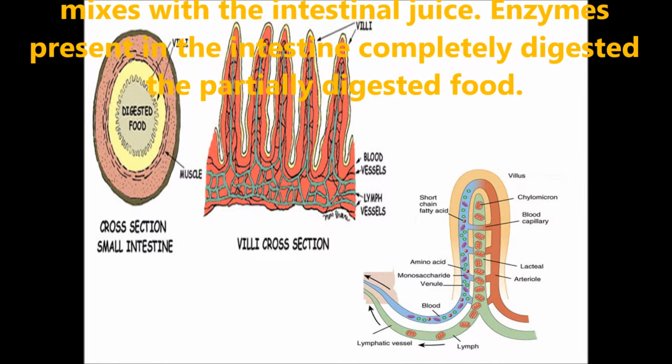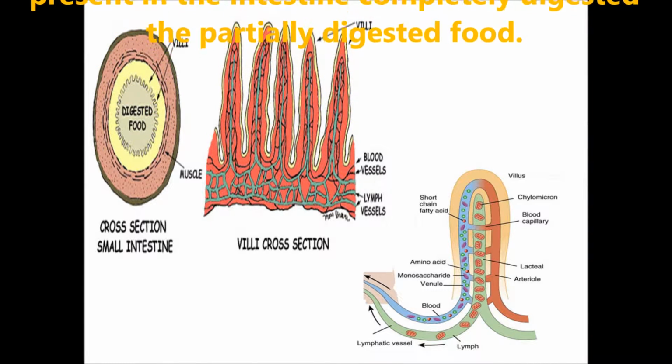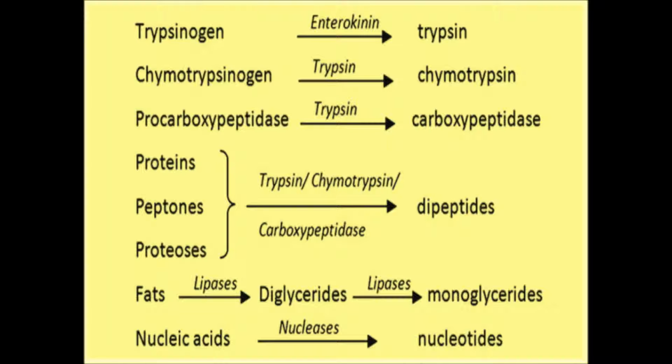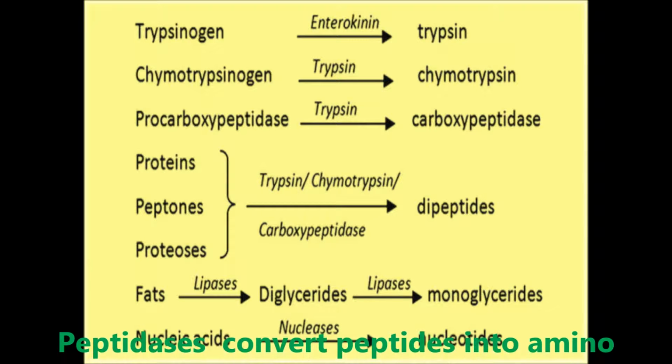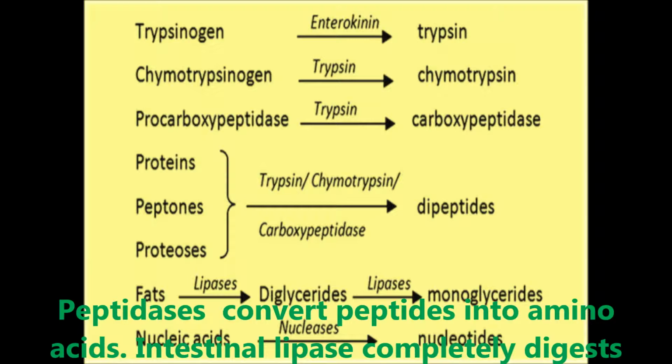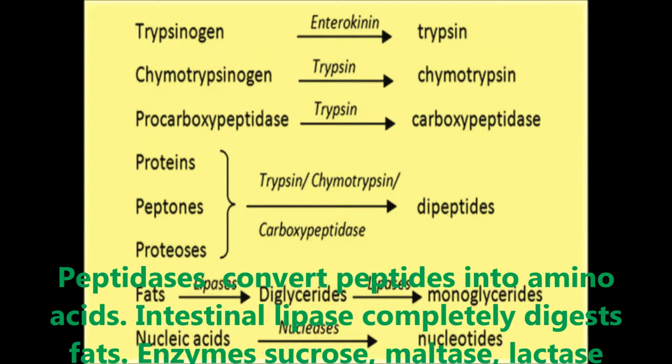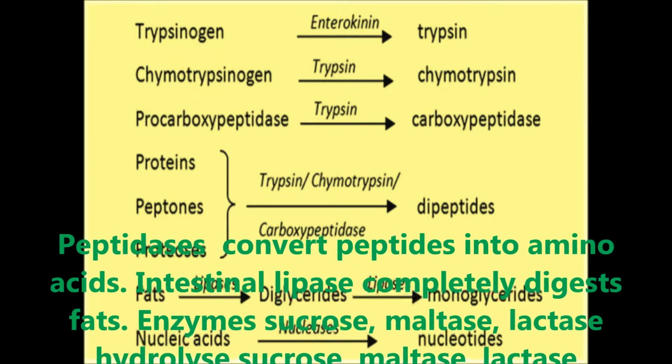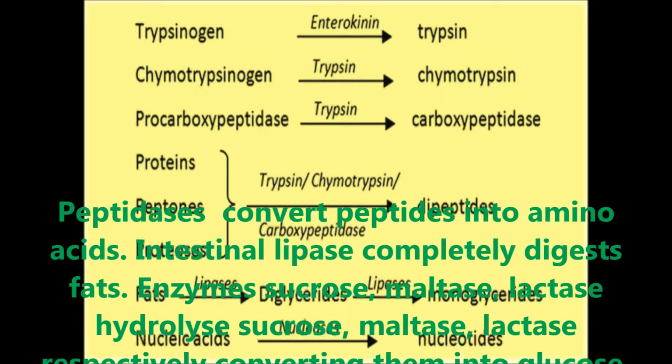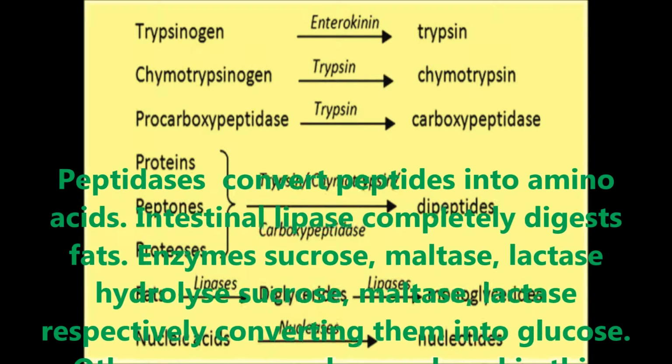Let us see the following digestive processes which take place in the intestine. The peptidase converts peptides, the partially digested products of proteins, into amino acids, and the intestinal lipase completely digests the fat.